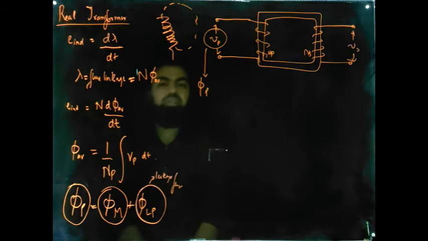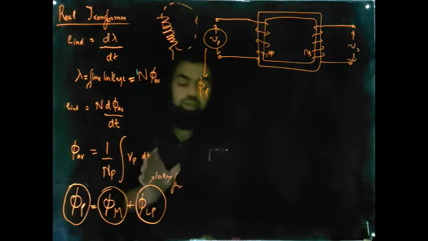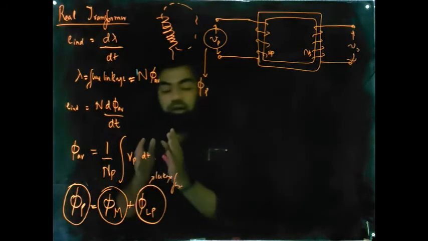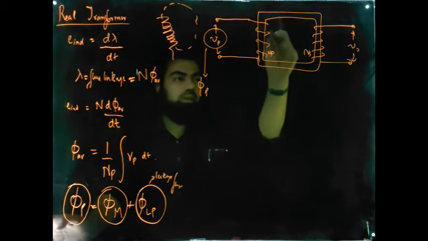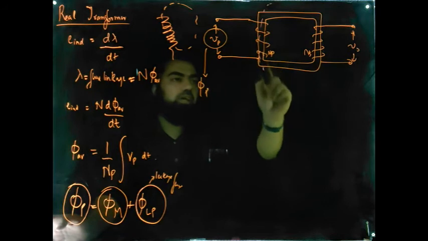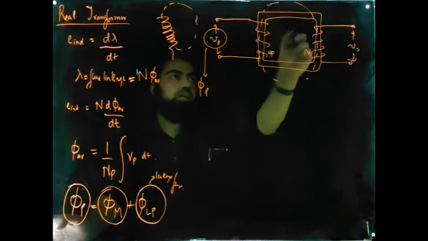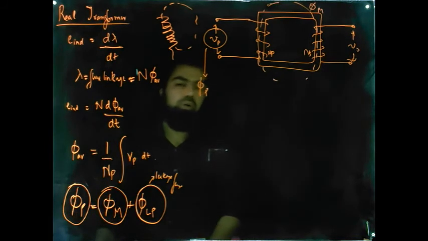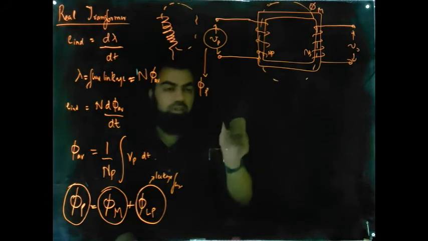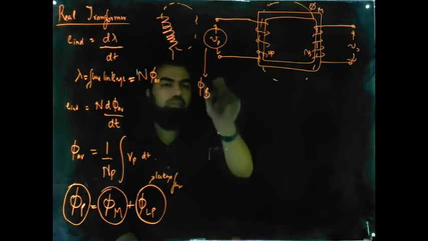This phi m will be the flux that will be concentrated between both the windings Np as well as Ns, that will be responsible for inducing voltage in the secondary winding as well. So you'll see the secondary winding will have a similar component.